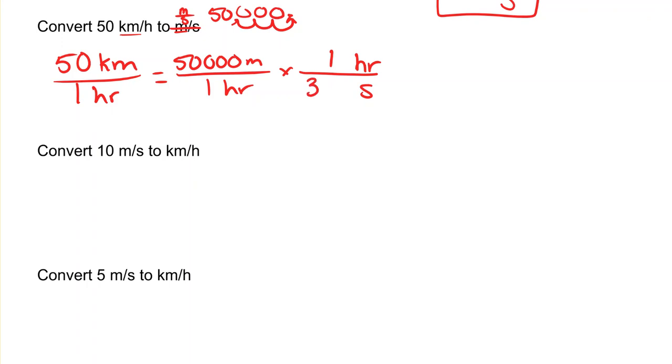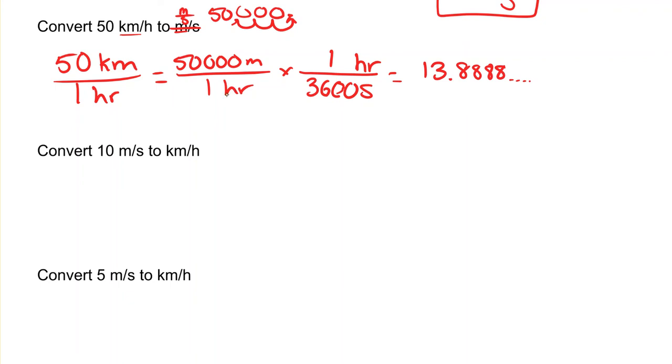In 1 hour, there's 3,600 seconds. So when I do this, we're going to go 50,000 times 1 doesn't really matter, divided by 1 doesn't really matter, but divided by 3,600. So we will get 13.8888 and so on. It's just going to continue on forever.